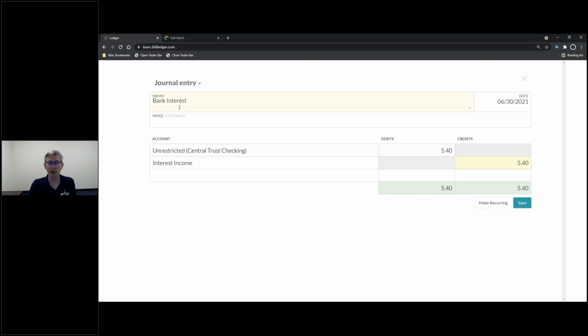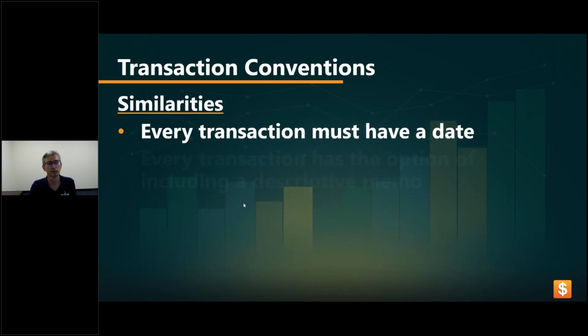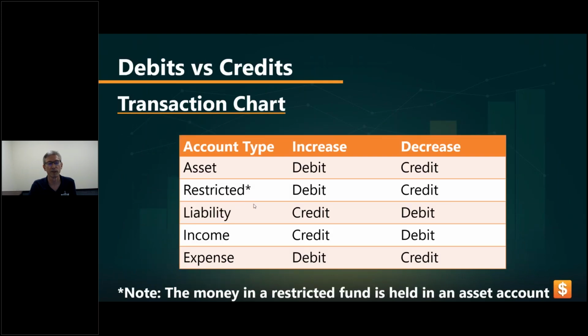So the journal entry, we're just adjusting for bank interest. Let me go quickly back to our chart here. Bank interest, what we're doing here is we're debiting the asset account.